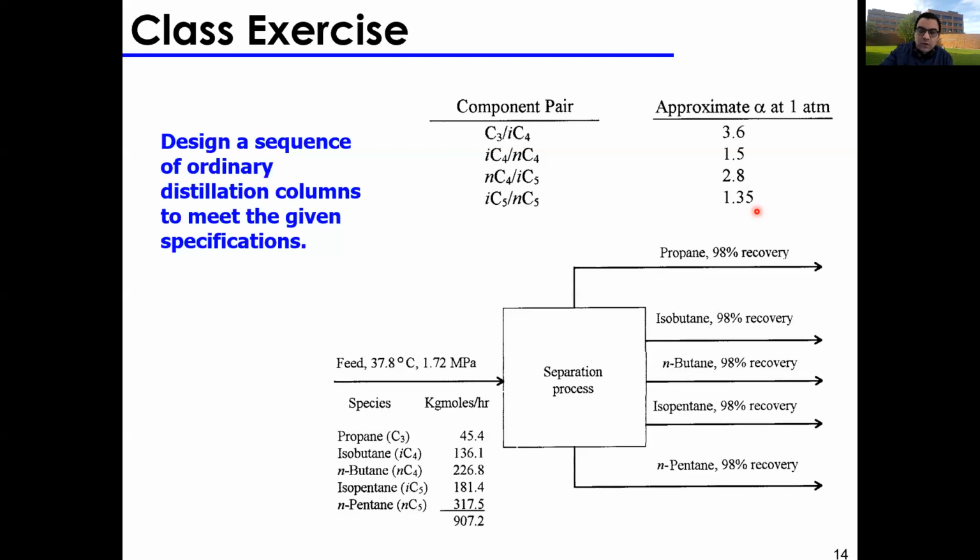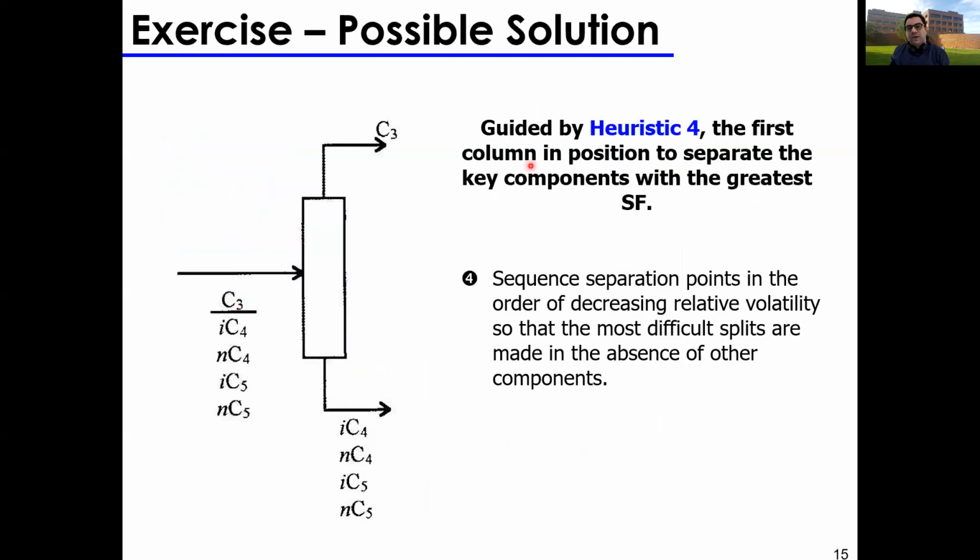So let's move on. Guided by heuristic 4, the first column is in position to separate the key components with the greatest separation factor. So again, if you recall heuristic number 4, you need to sequence my separation points in the order of decreasing relative volatility, right?